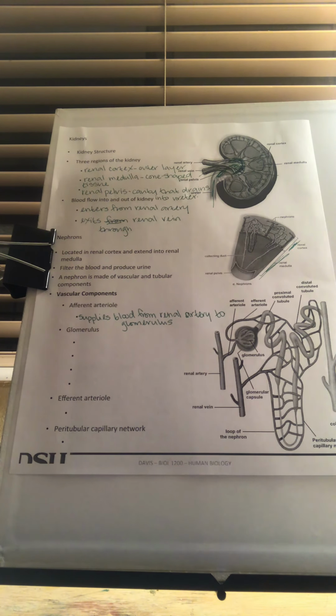So, having said that, if we look at what we've already done with the heart and blood vessels, you should be familiar with the fact that an artery goes to arterioles that go to capillaries that come back through venules that go to veins.